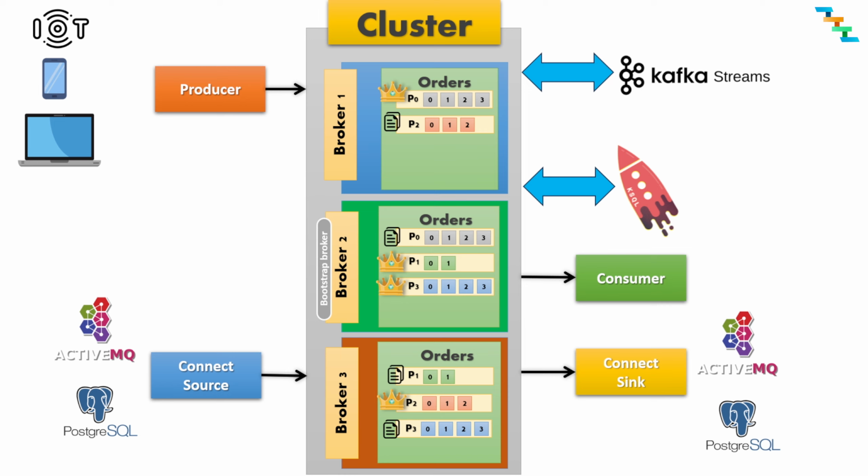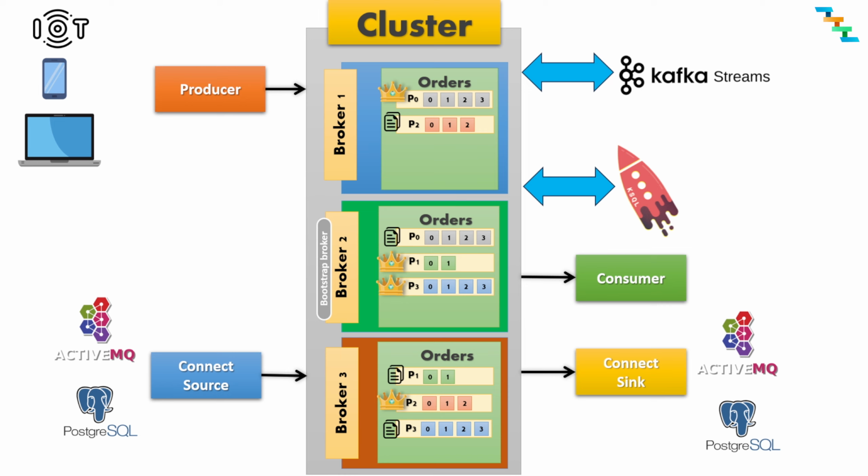So the partition 0 leader replica is present in broker 1, and then the partition 0's in-sync replica is present in broker 2. So whenever you want to read data from partition 0, you will be contacting broker 1. If this broker goes off completely, then you will be using the in-sync replica as the replacement.